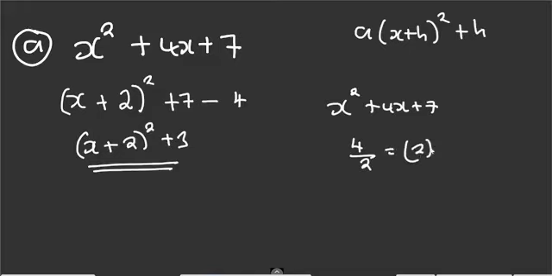This 2, we have to square it. So you need to get this, then you come and replace where there is 4x. That's why we have x^2 + 2^2, then plus 7. These are the squares, so just write (x + 2)^2 plus 7.